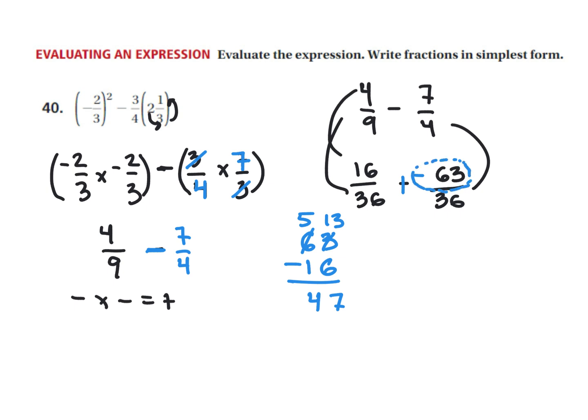The negative was bigger, so it's going to be negative 47/36. And now we could change that back to a mixed number and say we have negative 1 and 11/36.